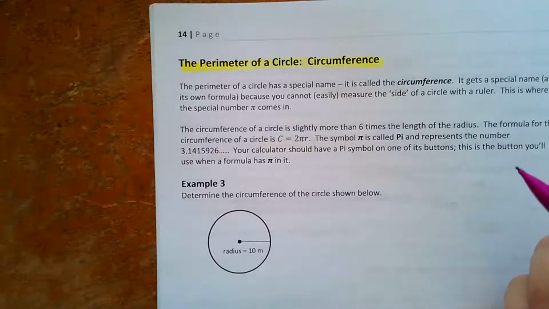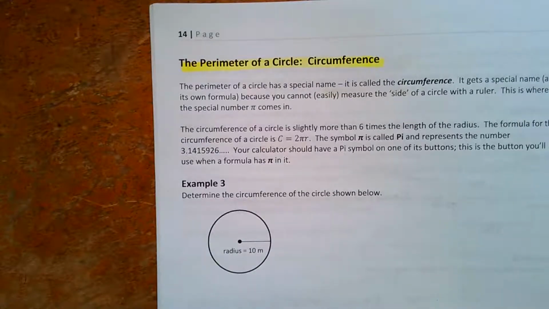But sometimes we don't have enough string, right? Sometimes we're distant from the circle, so we can't even physically be near the circle. But as long as we're given the circle's measurements, we can calculate the circumference of a circle using a formula.